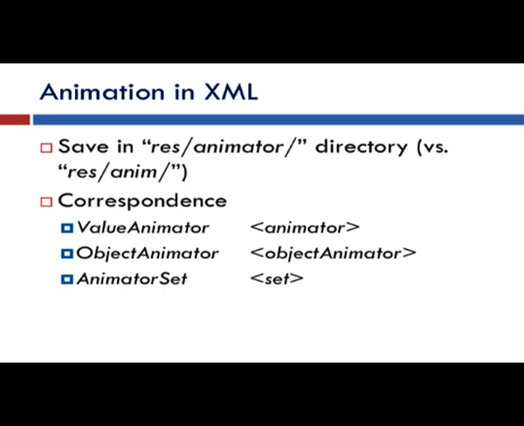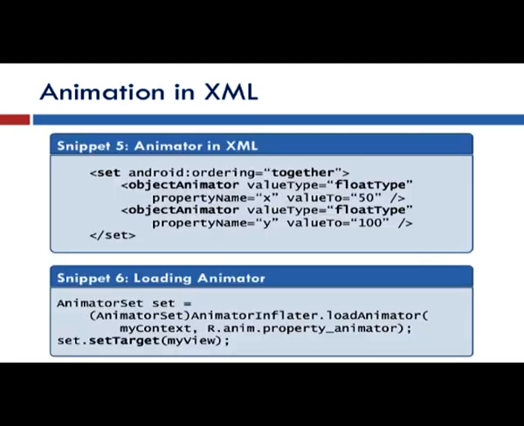This specifies property animation instead of view animation. If you want to specify an AnimatorSet, you specify a set tag inside your XML. For ValueAnimator, you specify animator, and for ObjectAnimator, you specify objectAnimator. I'll show a small snippet of that.